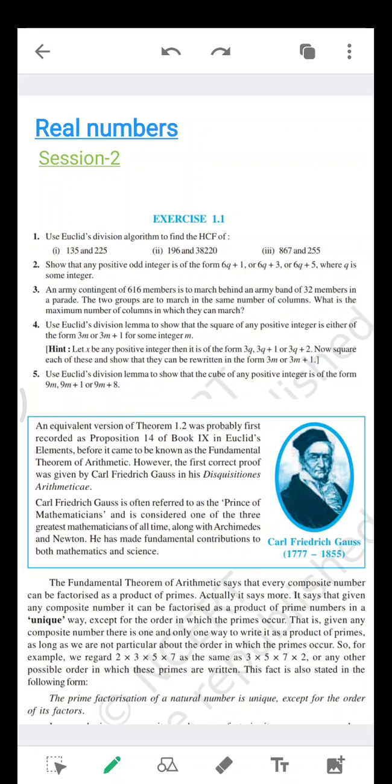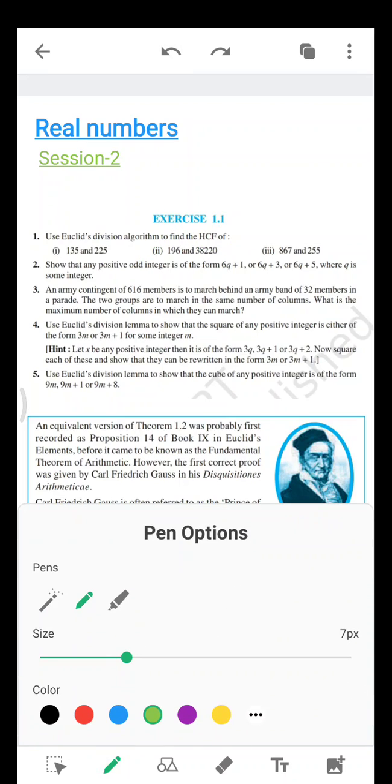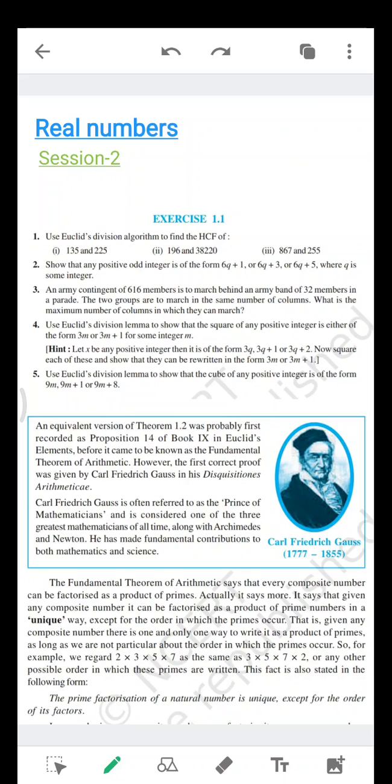before I begin, let me tell you the deleted portion from this chapter. So from this chapter, Euclid's division algorithm is deleted for this year. So exercise 1.1 is completely based on Euclid's division algorithm.